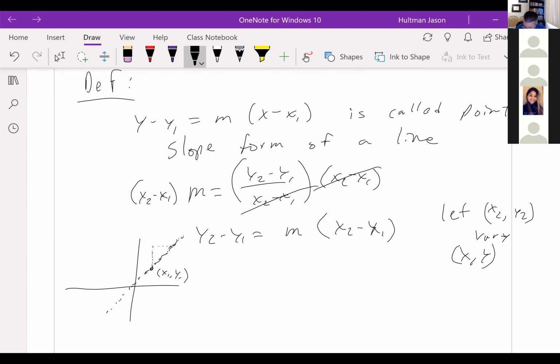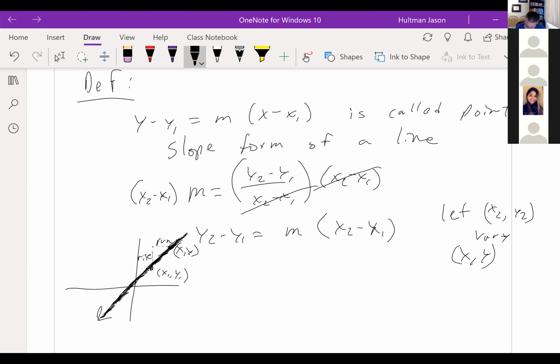Remember the rise over the run? We get the rise over the run, and that's always a constant proportion. And so if we just allow the point to vary, we just let it be a generic x and y, every single point on this line is going to have the same slope.